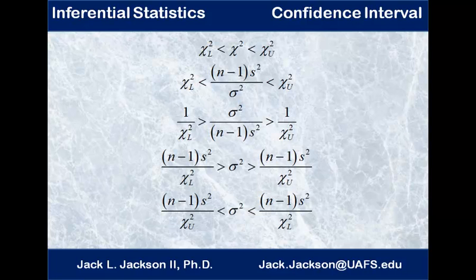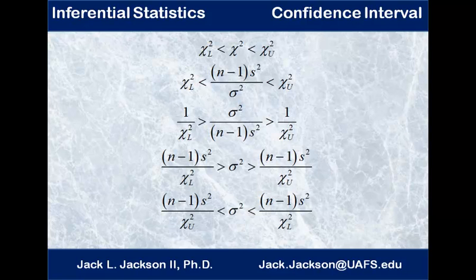The first thing I did is reciprocal everything, so that I get 1 over chi-square lower on the left, and on the right I get 1 over chi-square upper. In the middle it flips over, so I got sigma squared over n minus 1 times s squared. Now, when I reciprocal everything, as we just saw, we have to reverse the inequality. So now, instead of 2 less thans, I've got 2 greater thans.